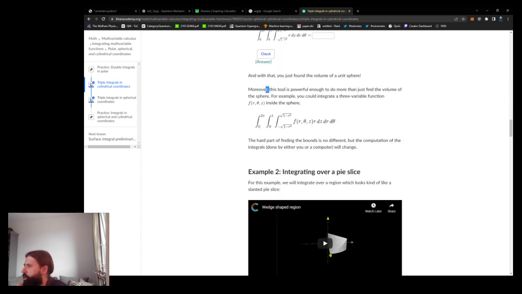This tool is part of another one, which is find the volume of the sphere. For example, you could integrate a 3-variable function, and that's what we have inside the sphere. So this is what we're trying to do, basically.